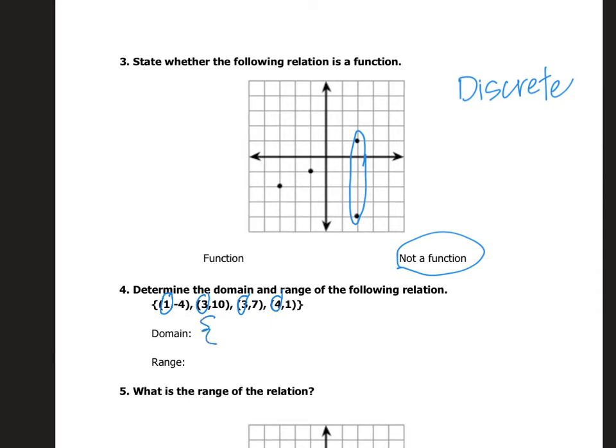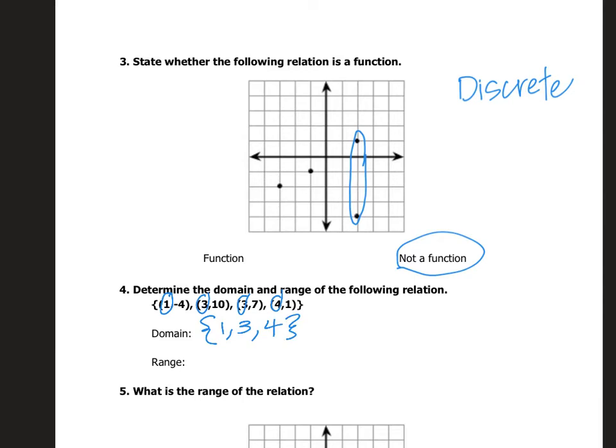So I have a brace, and then I'm going to list 1, 3. I only need to list 3 once. I do not need to relist something if it's repeating, and then 4. And then I'm going to put the brace.